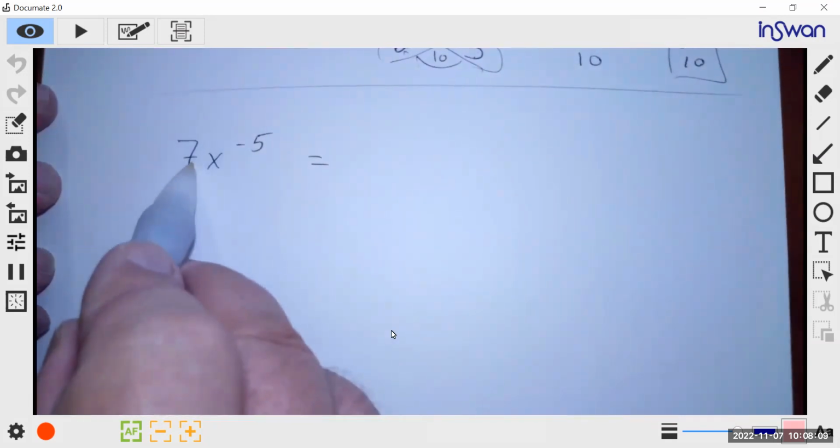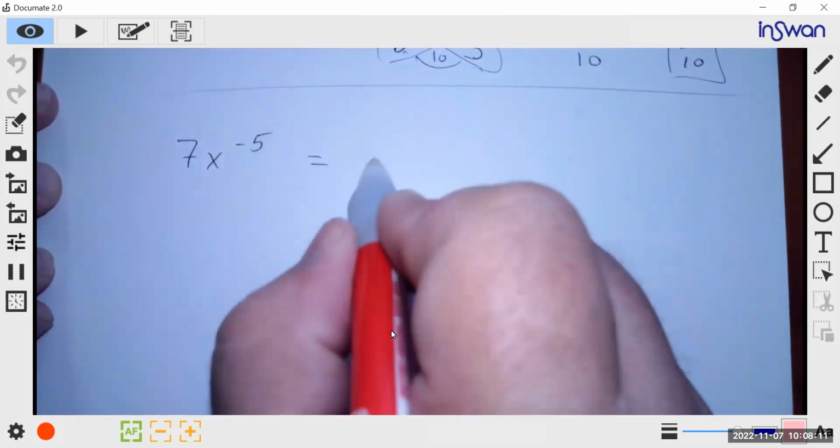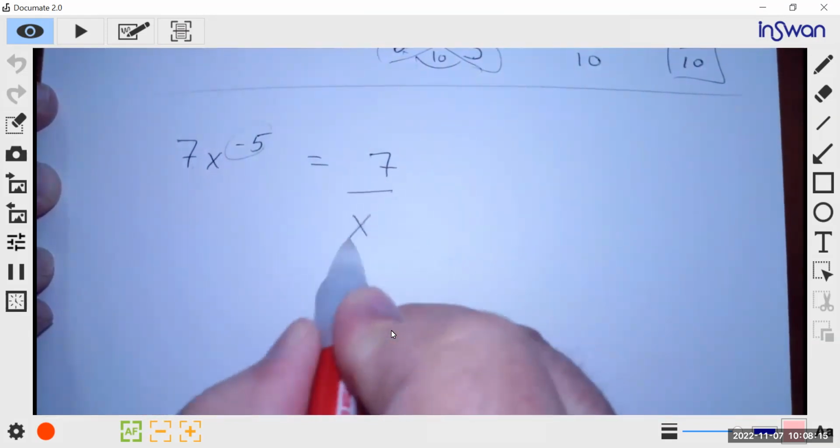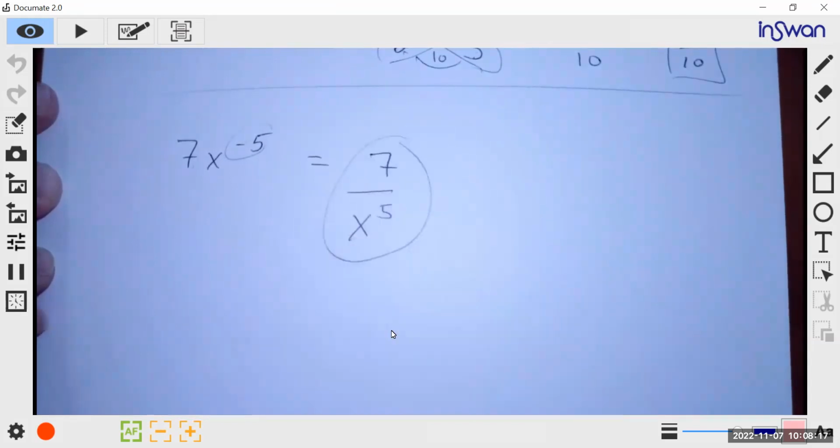Does the 7 have a negative exponent? Oh, so it just stays there. This one has a negative exponent, so it goes in the bottom. There you have it. Or you just only change the parts that have the negative exponents.